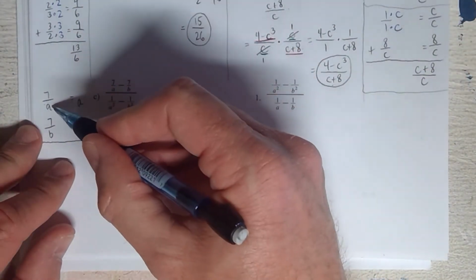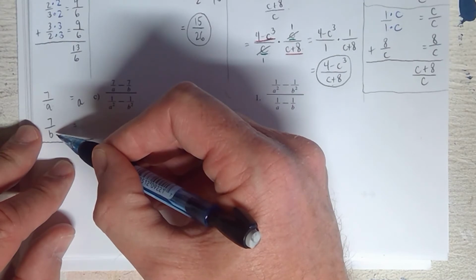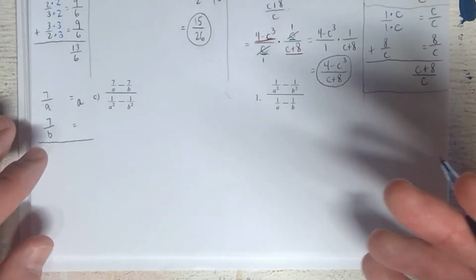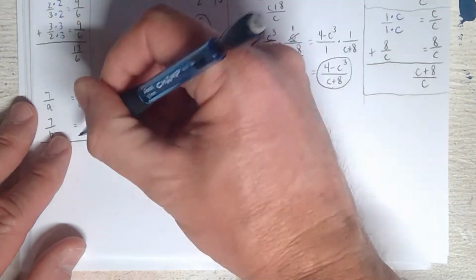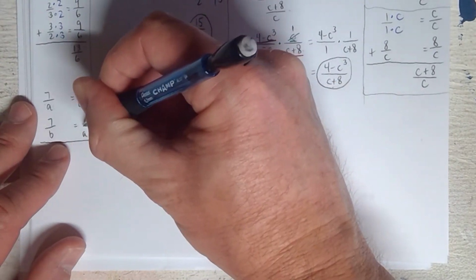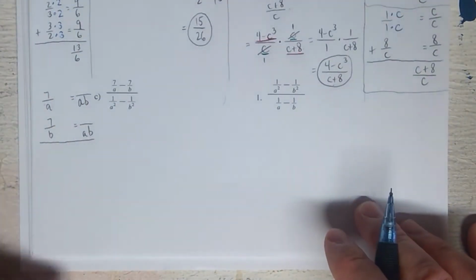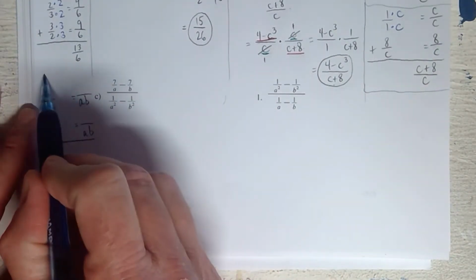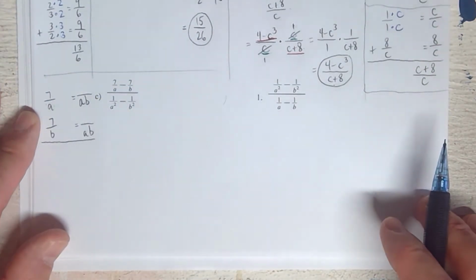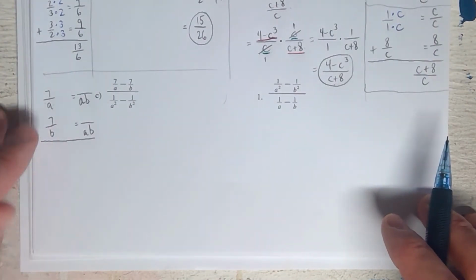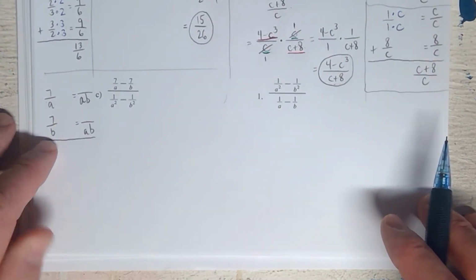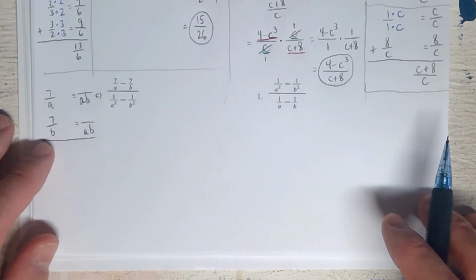If you have no b at all in this term, but you have b to the first in this term, the largest exponent of b is b to the first. So the LCD is a to the first, b to the first, like that. Largest exponent of each different variable, when you have single terms only as your denominators and you're doing the LCD.